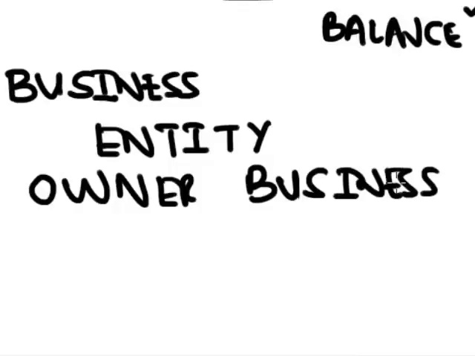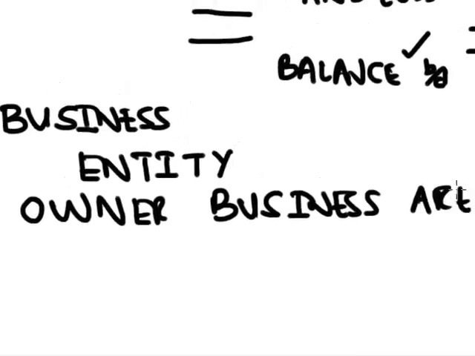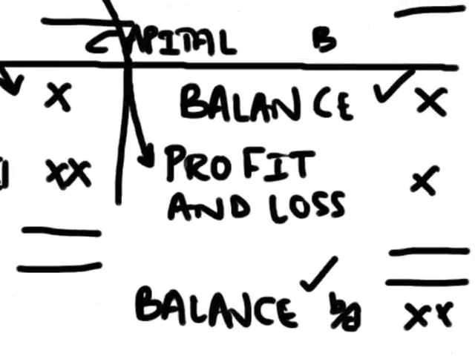In other words, whatever profits are made by the business, this has to be transferred to the owner's personal account, namely the owner and the business are two different entities. So in this way, you can see that by transferring the profits into the capital account of the owner, it increases the equity. Here's the example of the equity increasing, and therefore the business now owes the owner more.